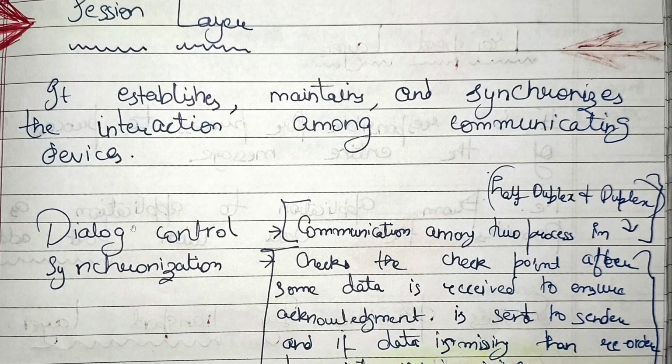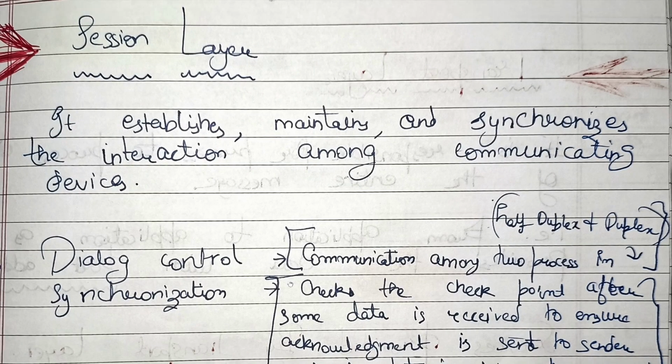What is synchronization? Suppose you're sending a file of 100 pages. Now this layer is going to check after every 10 pages whether the previous pages were received, and if they were not, it is going to send that this page is not received, retransmit it. Okay, this will be synchronization, and this is done by session layer.